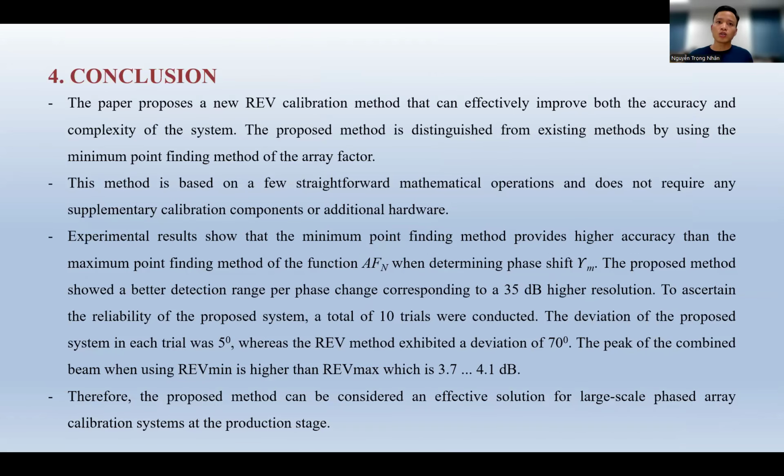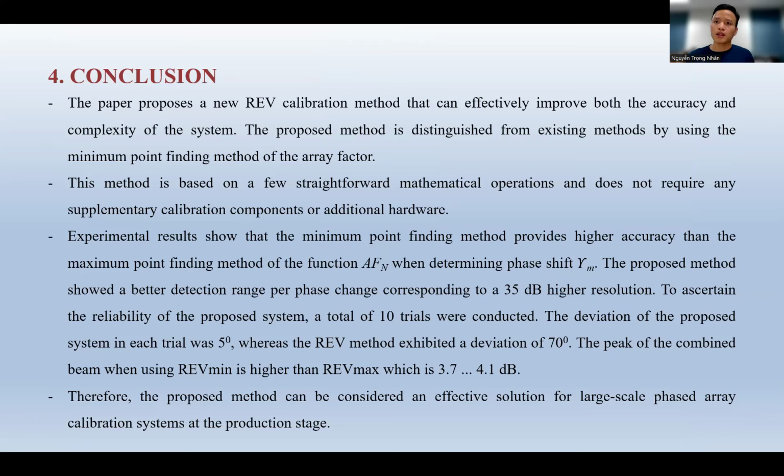Let me return to an earlier topic briefly. The work proposes a new rotating element electric field vector calibration method that can effectively improve both the accuracy and complexity of the system.